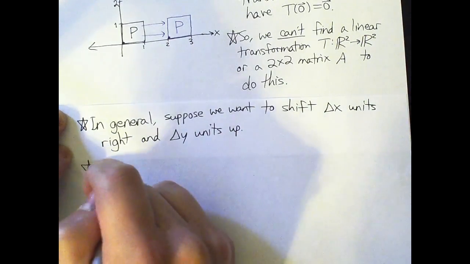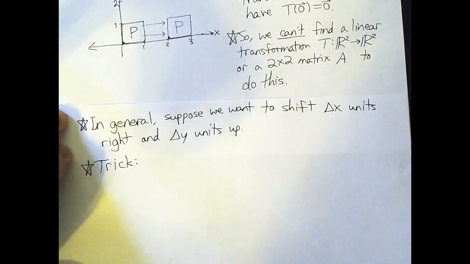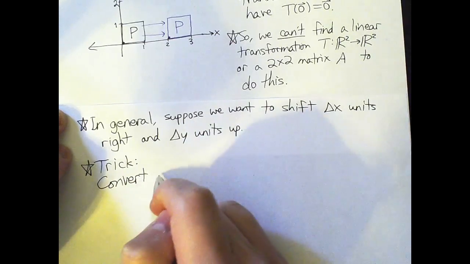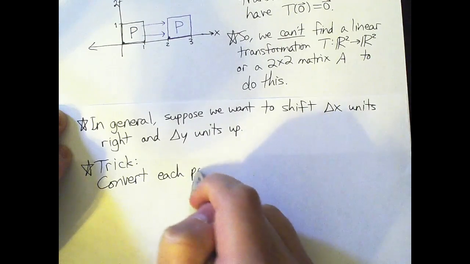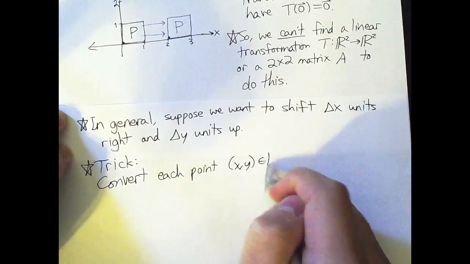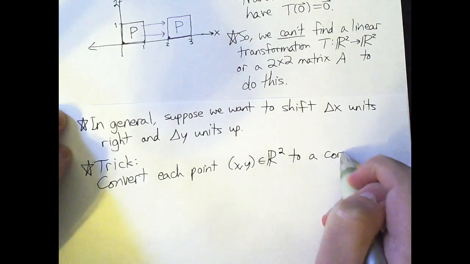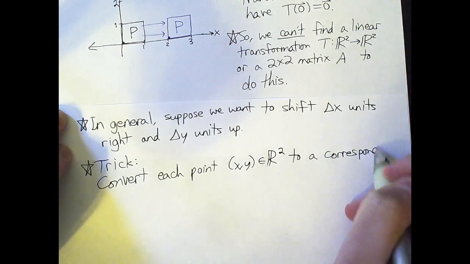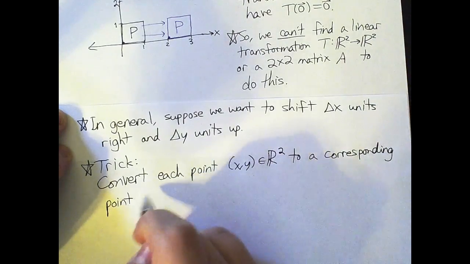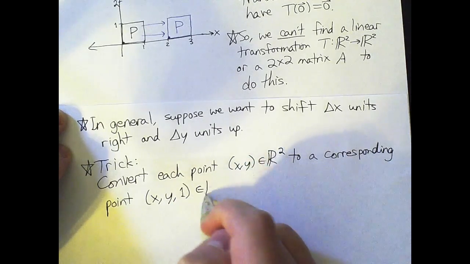There is a trick that we can do. We convert each point x comma y in R2 to a corresponding point x comma y comma 1 in R3.